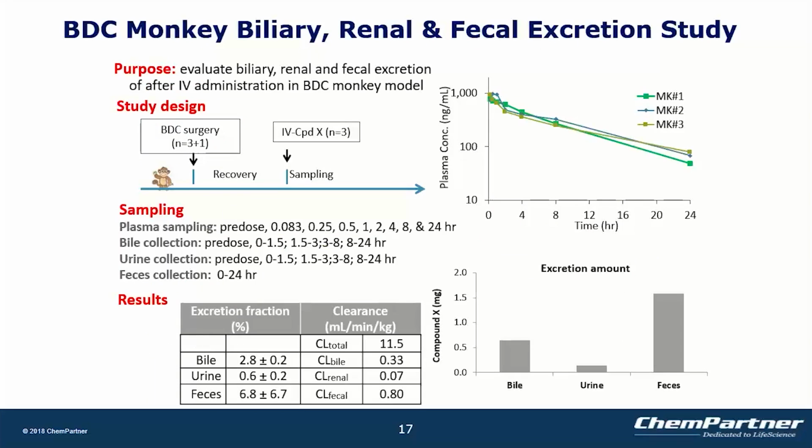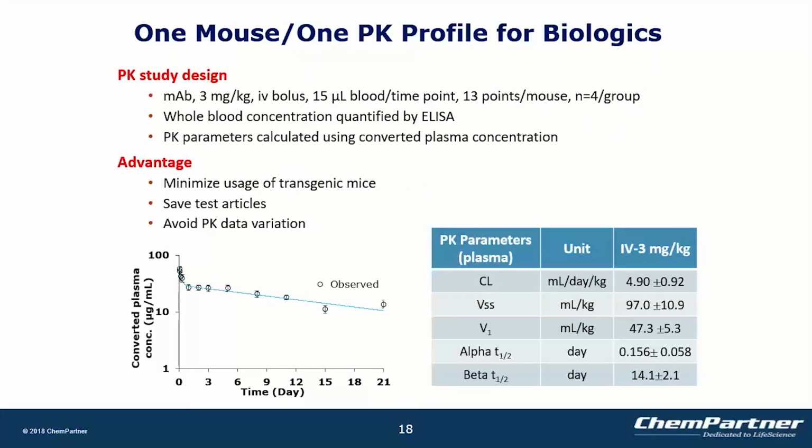The next one is the BDC monkey biliary, renal, and fecal excretion study. This shows how capable we are in running all of these, not only rodent PK studies, but also dog and monkey. We also perform lots of surgeries for different purposes in PK studies.